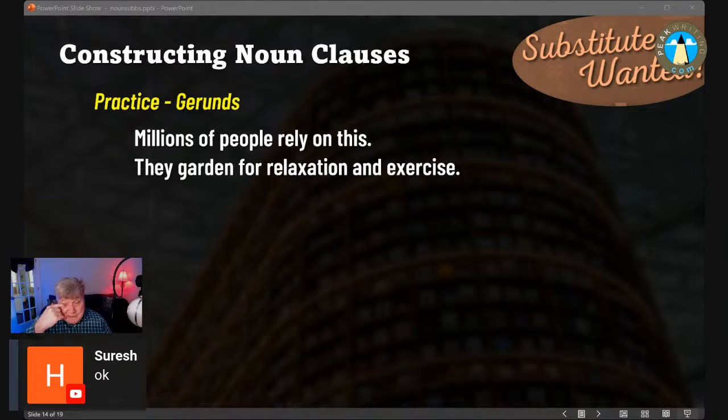Let's do a little bit of practice here. You guys go ahead and combine that one for me using a gerund. Millions of people rely on this. They garden for relaxation and exercise. Please type in your answer.